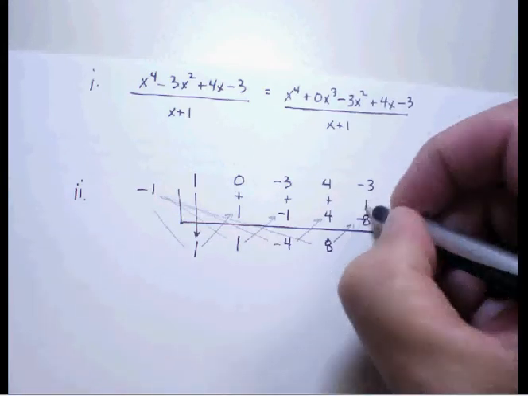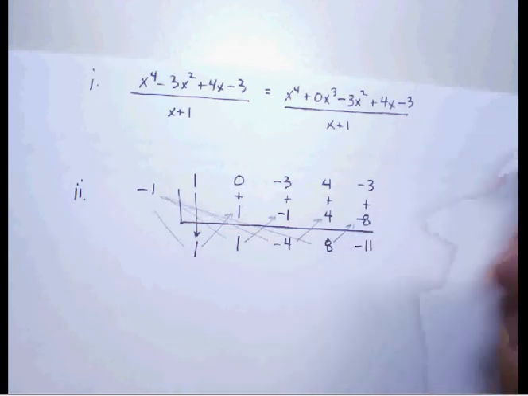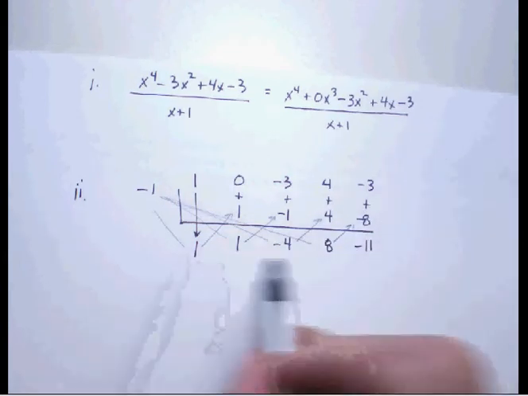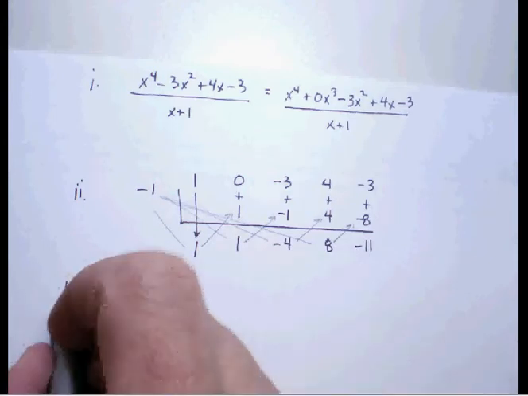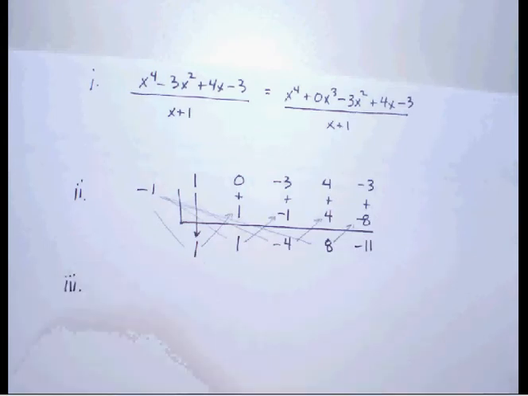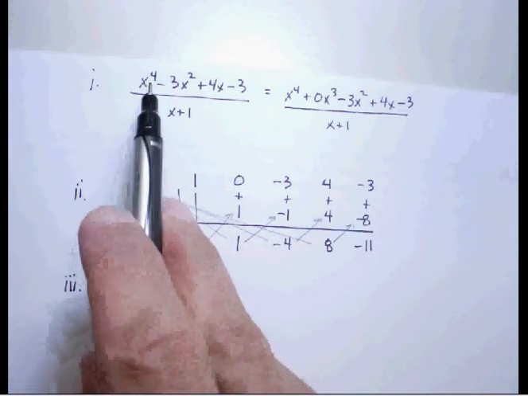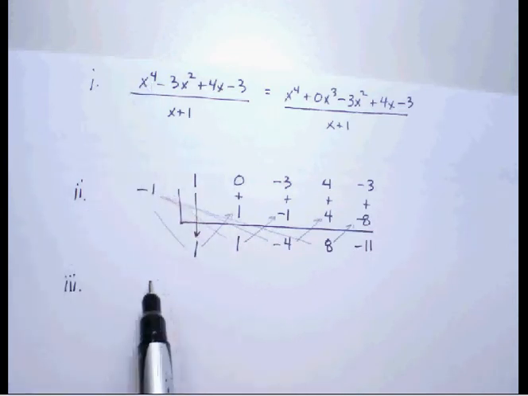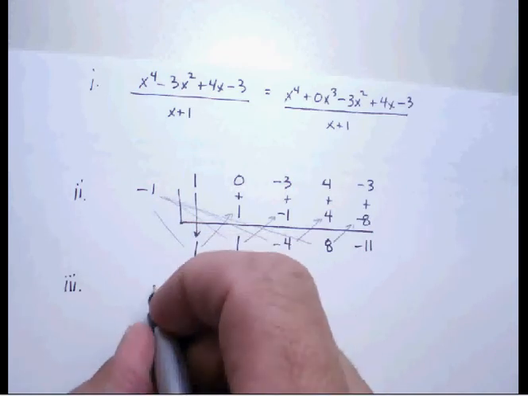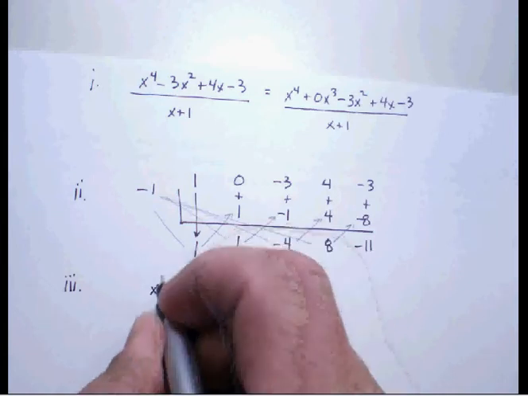Again, these are the coefficients for my answer. Let's see what that means. Remember that we started with x to the 4th, so our answer is going to start with x to the 3rd. It's always 1 less than the leading term. So it's going to be 1x cubed. Now just go straight down the line.